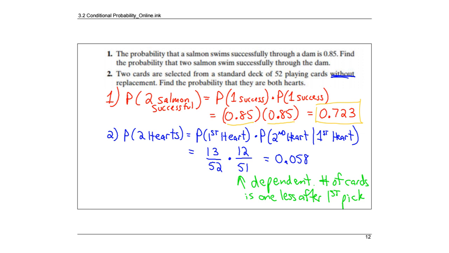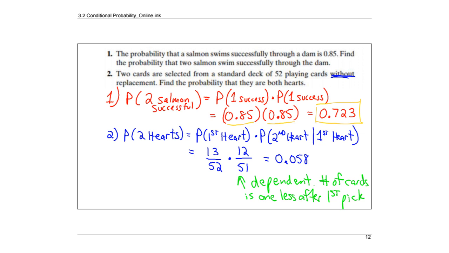All right, the second one is 2 cards are selected from a standard deck of 52 playing cards without replacement. Find the probability that they are both hearts. Okay, so remember hearts is, we've got 13 cards that are hearts, right? So we're going to do the probability that we pick a heart in the first card, then we put that one in our pocket, we don't put it back in, and now we're going to pick a second heart, given that I put that first one in my pocket.